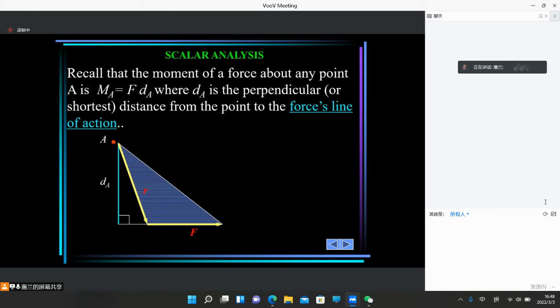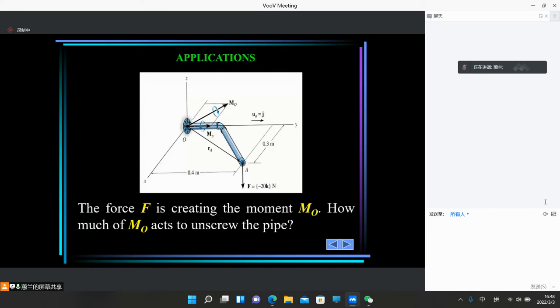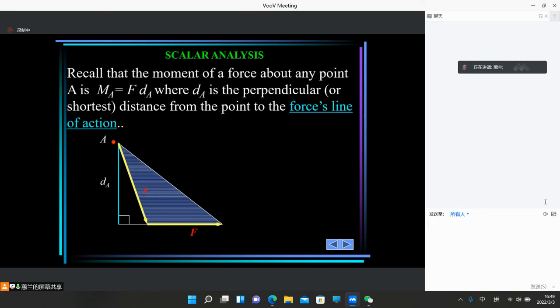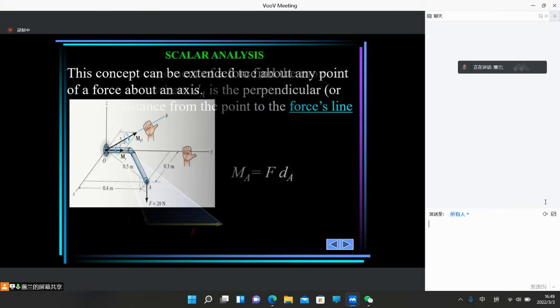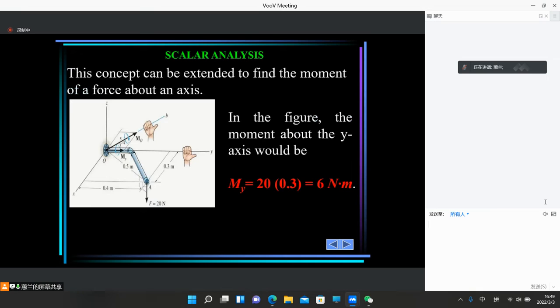So that means we need to know the projection of the moment about the point A along the axis. Yesterday, actually, we have introduced how to do this.